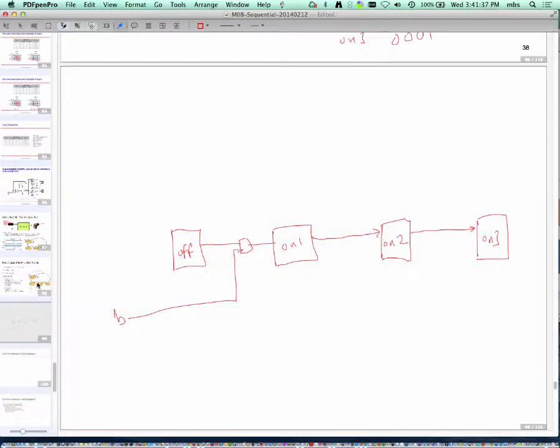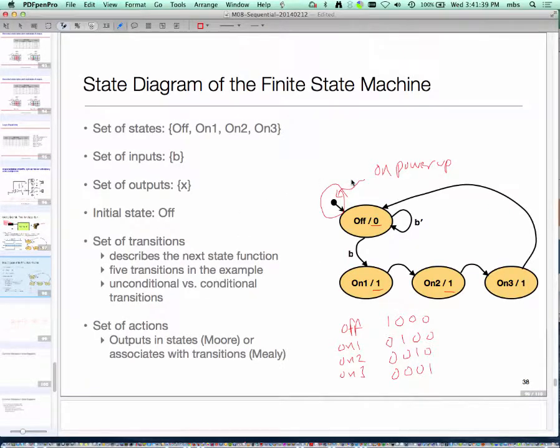Finally, what about off? Ignore the power up part for now. So when would I be in off state next time around? If you're coming from on 3, that's one condition, right? If Y is not pressed again.